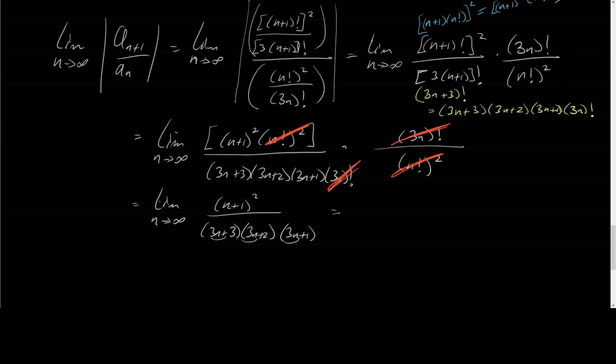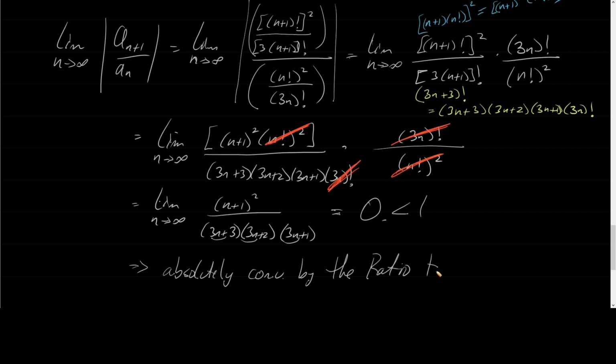So this overall goes to 0. And since 0 is less than 1, we know that that is absolutely convergent by the ratio test. So that was D.